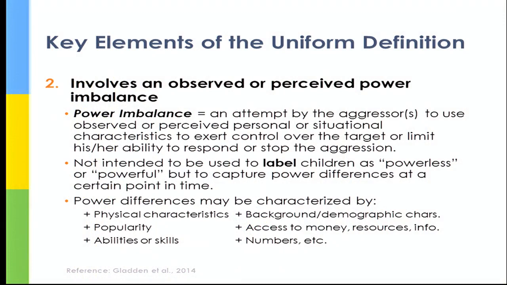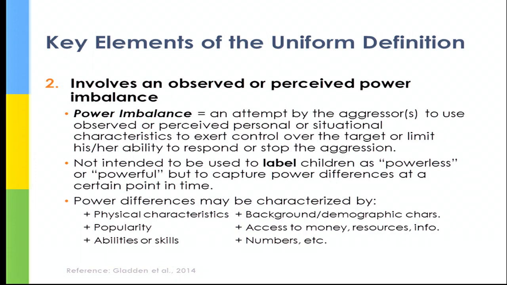Now, of course, power differences can be characterized by many factors, such as physical characteristics, differences in size or age or strength, but they can also often include other factors such as popularity, background demographic characteristics, perhaps, such as whether or not a child's a member of a majority or minority racial or ethnic group, differences in social, academic, physical, or other skills or abilities, or even access to resources, money, or information, such as being able to reach an entire student body with the click of a send button.